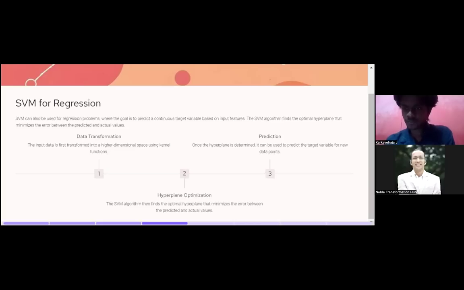The predicted will be a separate class, the actual a separate class, and there the margin plays a role because it keeps a distance between those data points. That is the main element of an SVM.